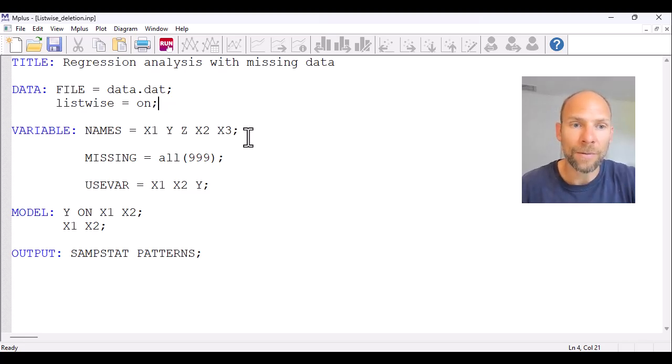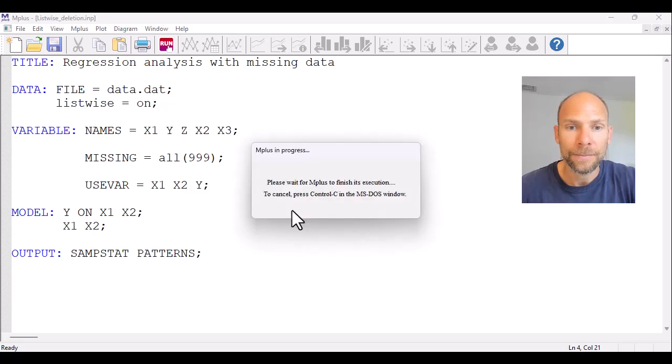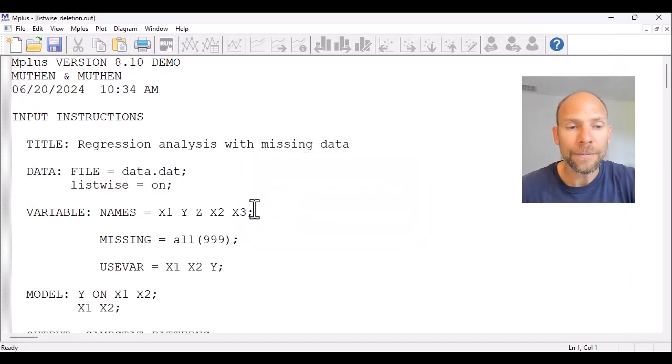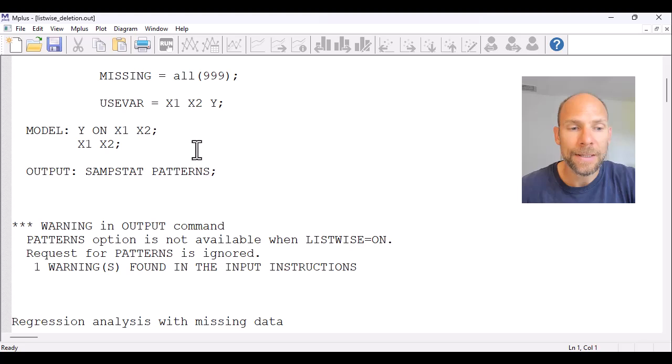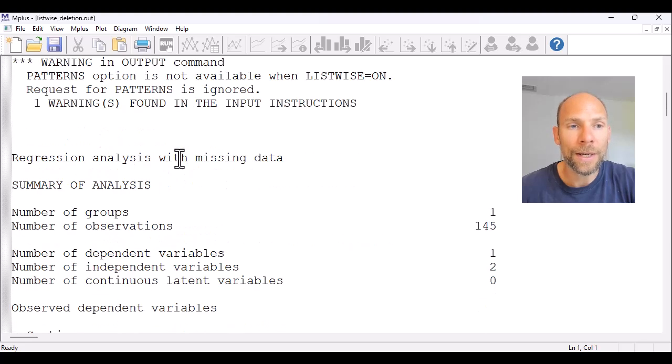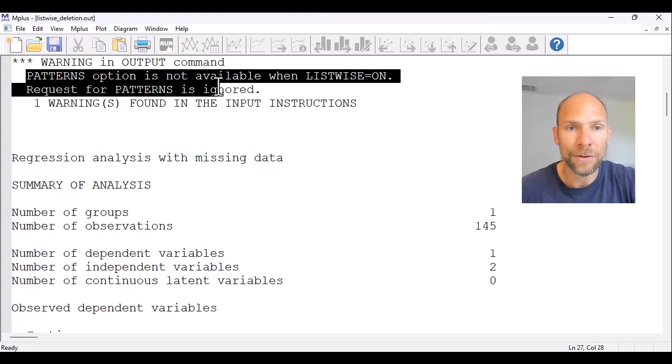So let's take a look at what happens when we turn listwise to on, overriding the Mplus default of full information maximum likelihood, and then run our model again. Now, the first thing that we can see is that Mplus prints a warning stating that the patterns option in the output command is not available when listwise equals on. The request for patterns is ignored.